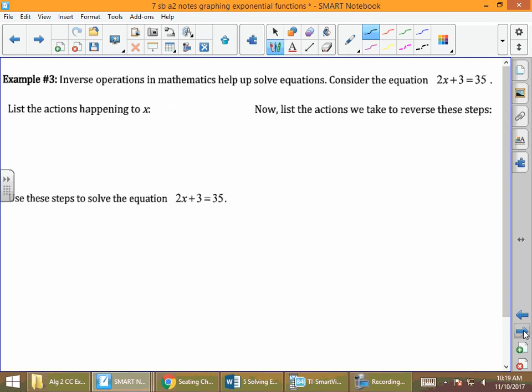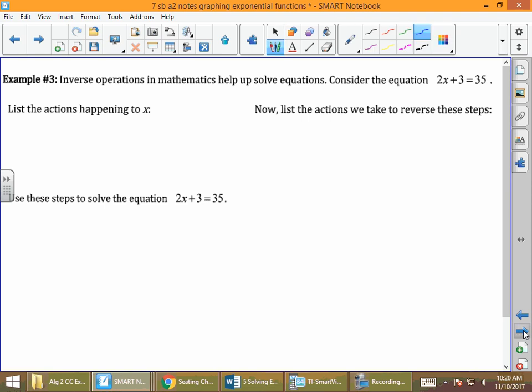And that's what's here in this next, well, I still want to do this example. Inverse operations in mathematics help us to solve equations. We want to consider the equation 2x plus 3 equals 35. And what we want to do first is list the actions that are happening to x. So some of you are thinking, well, what is she talking about?